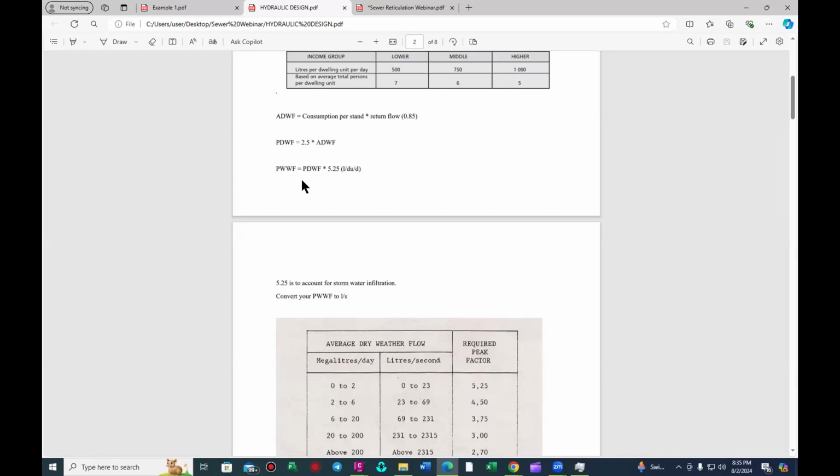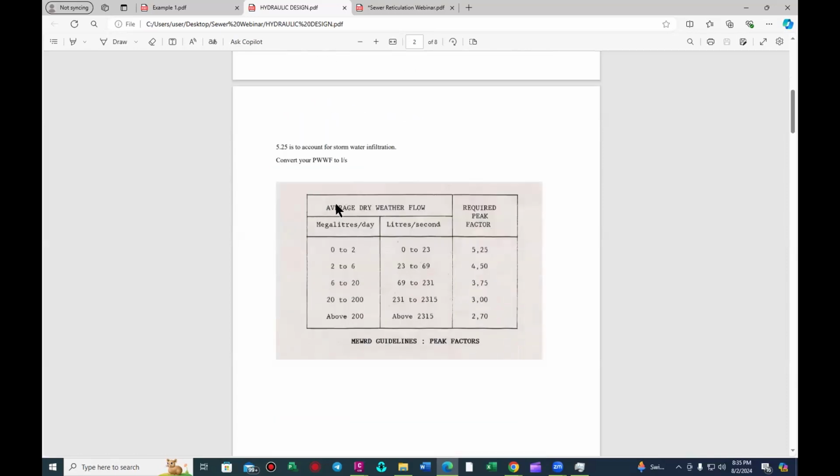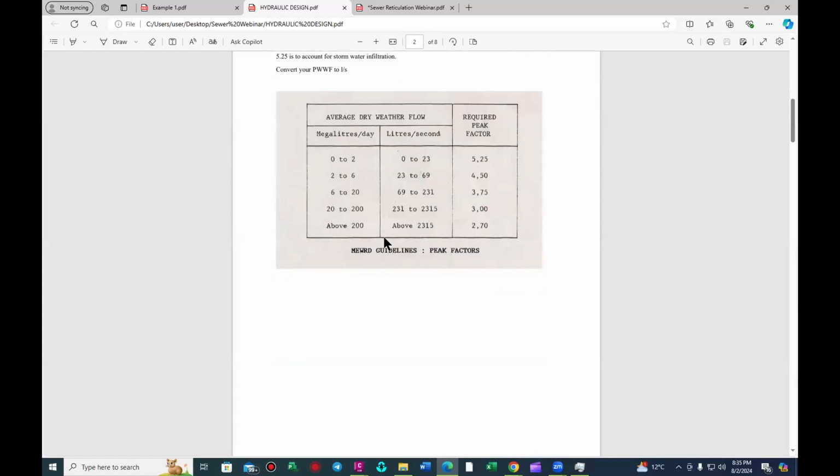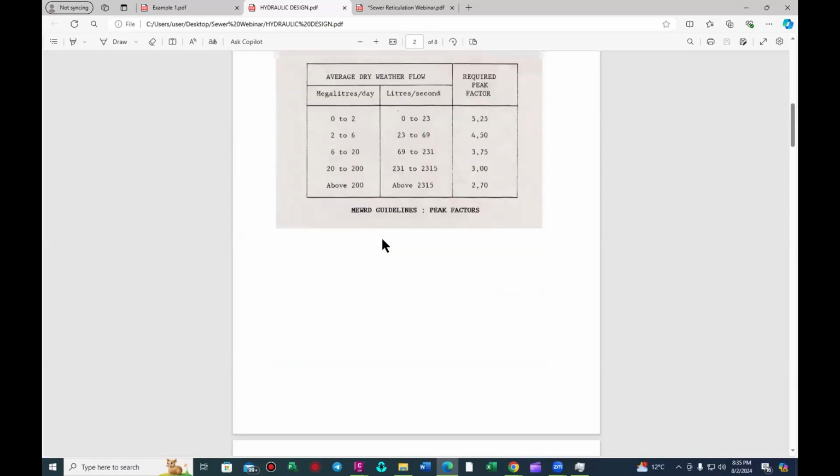We always design for the worst case scenario, right? So your water is still going to infiltrate your system, right? So that's the peak wet weather flow. We have a peak factor of 5.25, and there's a whole explanation of that according to our SALA manuals and according to our DWG manuals and according to our Red Book manuals. We all have this sanitation and design planning. It also talks about how you come up with those peak factors.